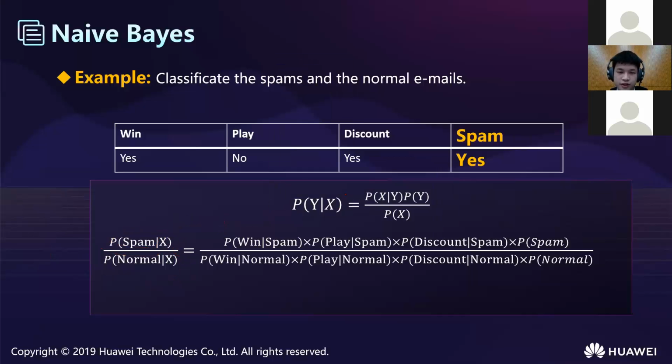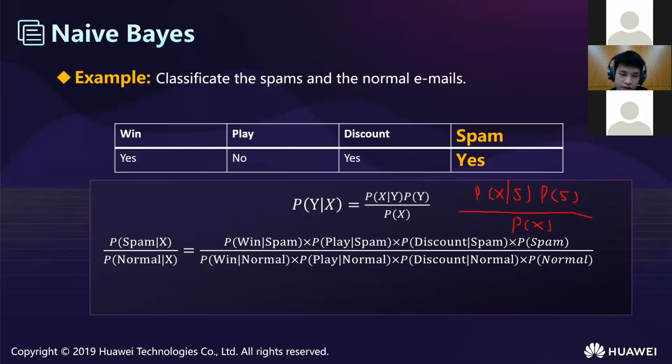Okay, so according to the Bayes formula, we can change the probability of spam given x into p of x given spam, multiplied by p of spam, divided by p of x.